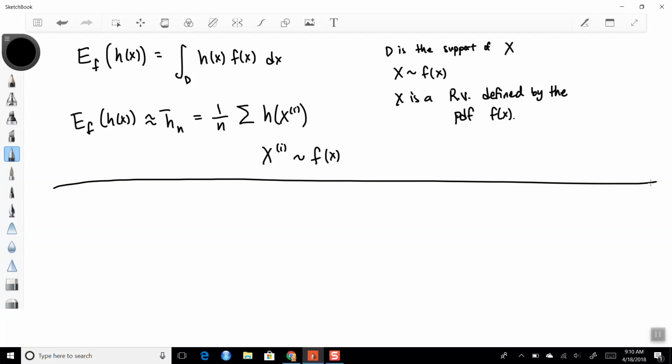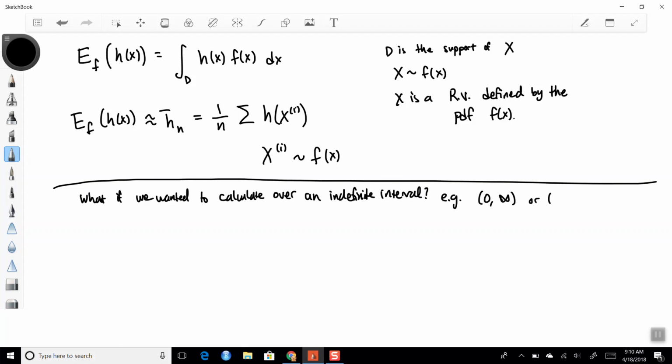So what if we wanted to calculate over an indefinite interval, e.g. from 0 to infinity, or minus infinity to infinity?